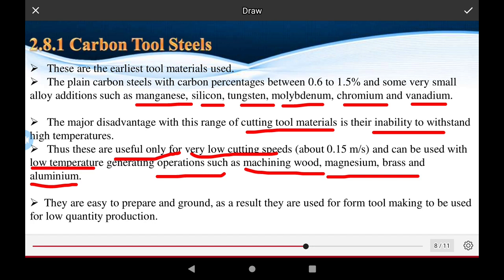They are easy to prepare and to grind, and are used for tool making and low quantity production.